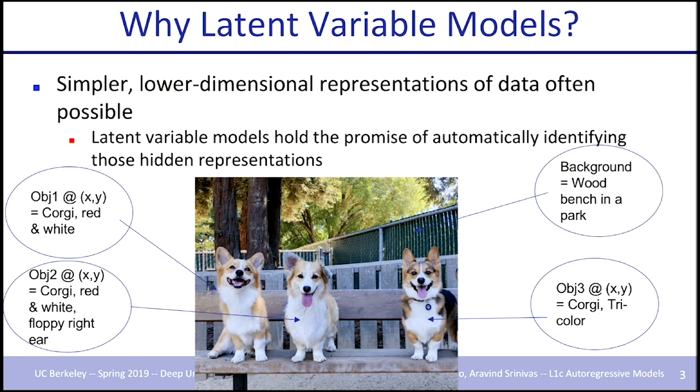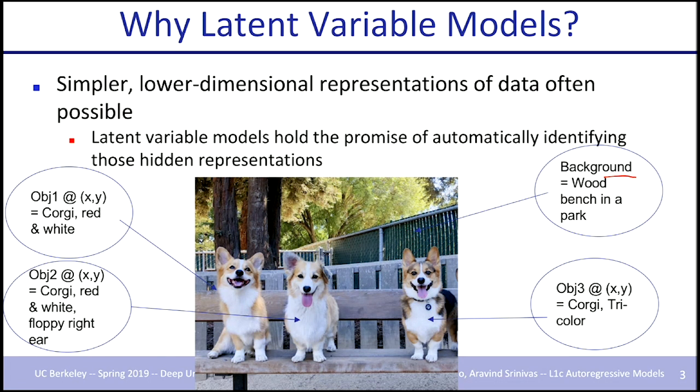Let's say in this case, we can say this image is captured in a certain background, on a bench in a park, and then you can describe what the objects in this image are. So this is a fairly concise and low-dimensional representation of this image. And you can call these the latent variables of this image. So it would be nice if we can actually describe the data in this format, right? Instead of showing all the bits for all these high-res images, it would be great if we could get a much simpler latent representation of the data.